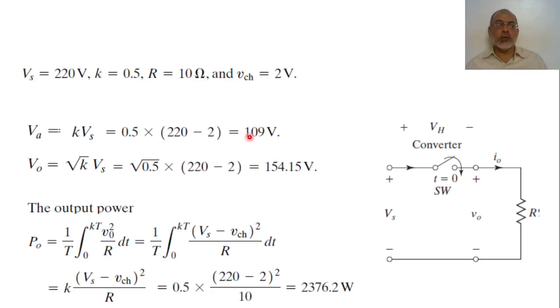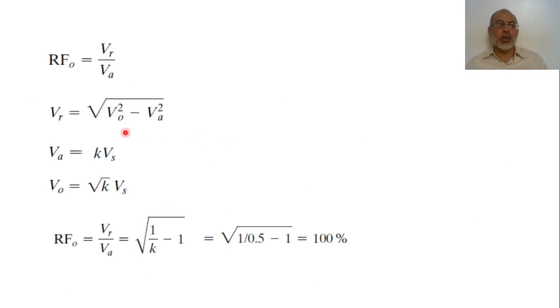From these, we can calculate V ripple, and from V ripple divided by V average, we can calculate the ripple factor without the need to prove this rule. In any case, this is a simple proof. You can do it by yourself, or you can use the values directly. In both cases, you will find that the ripple factor at the output is 100%.